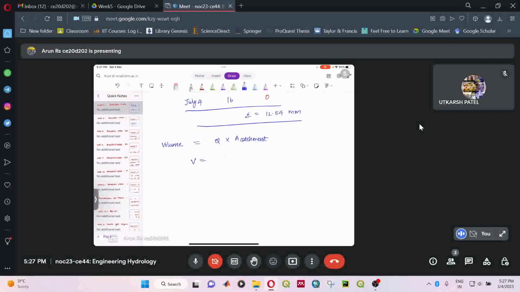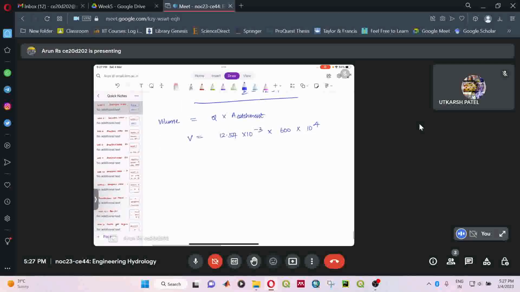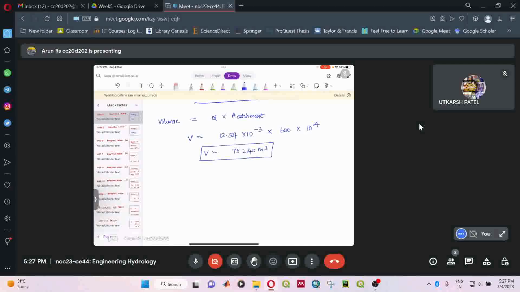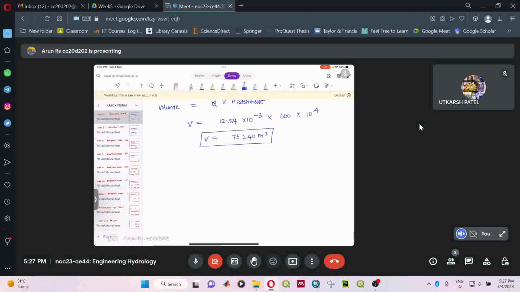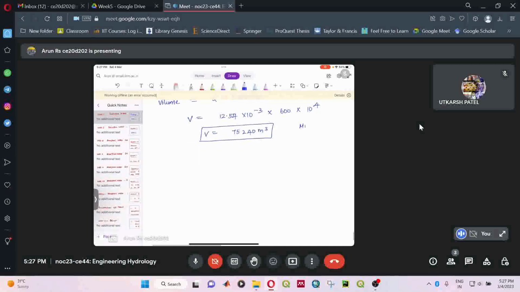So volume is equal to 12.54 into 10 to the power minus 3 into 600 hectares. Hectares to meter square is 10 power 4. So 1 hectare is 10 power 4 meter square. So volume is 75240 meter cube. This is the volume of runoff. Generally you will be asked to express in terms of million meter cube. You can just divide by 10 power 6.